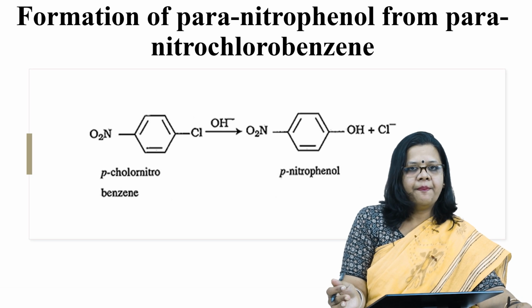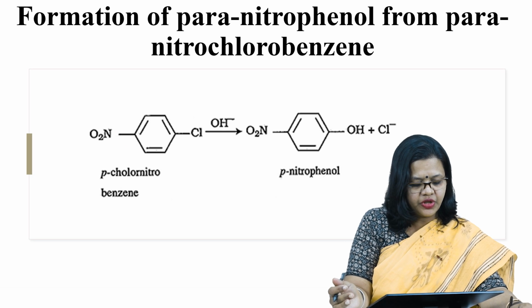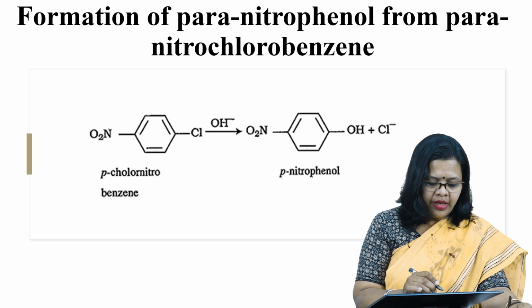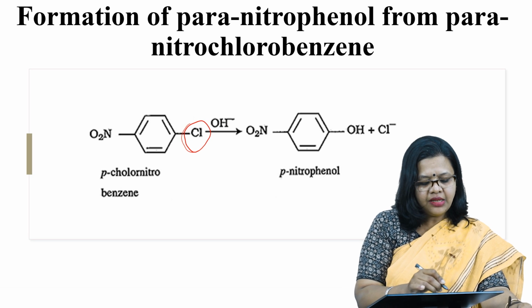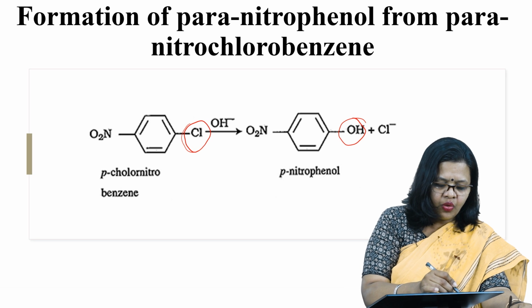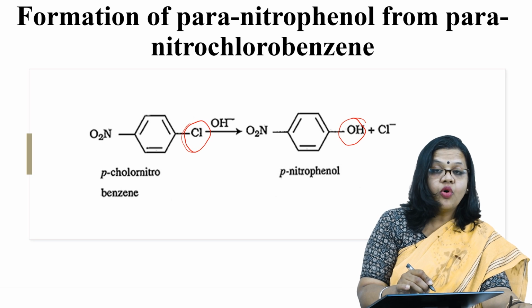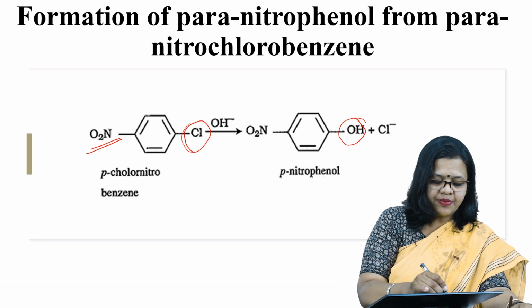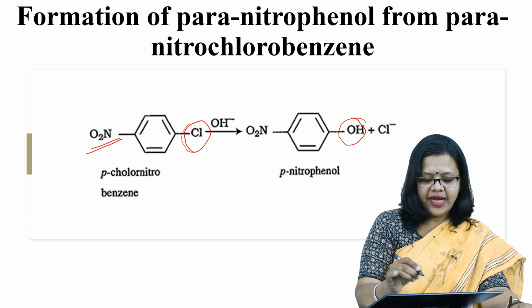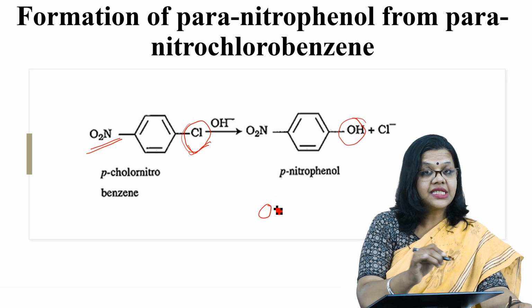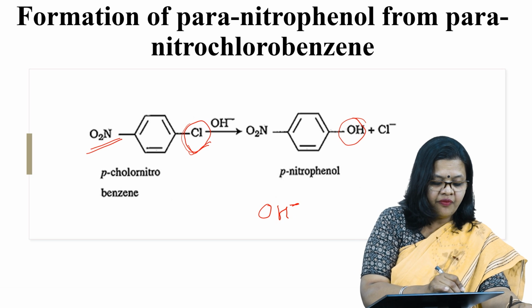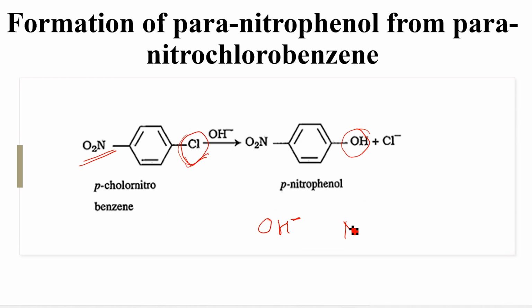So, let us begin with the example of conversion of para-chloronitrobenzene into para-nitrophenol. When para-chloronitrobenzene undergoes substitution reaction, substitution of chloride with the hydroxyl group occurs, and as we have seen, an electron withdrawing group, the nitro group, is present over here.